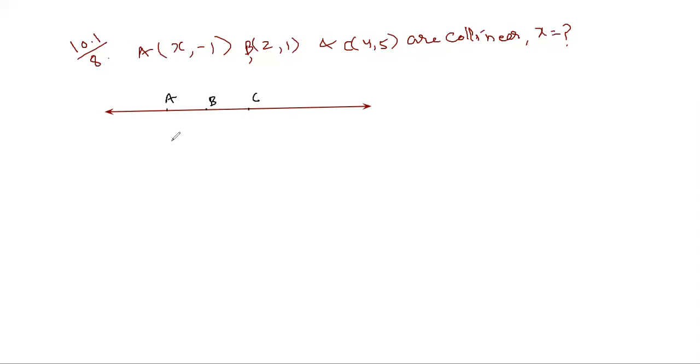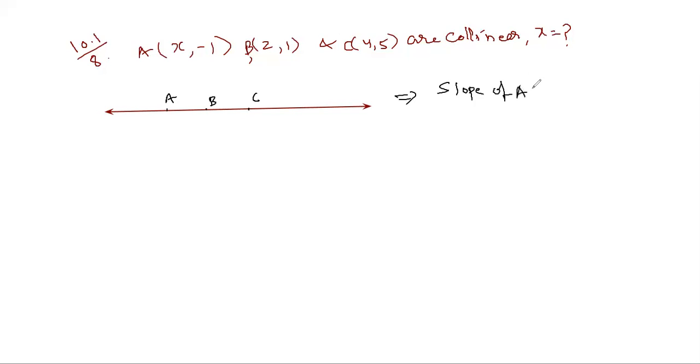So in order to show the collinearity, we will find the slope of AB and BC. They are equal. For collinearity, if you have to prove it, you can take the slope of AB, BC, any 2 points, and if the slopes are same, then they are collinear.